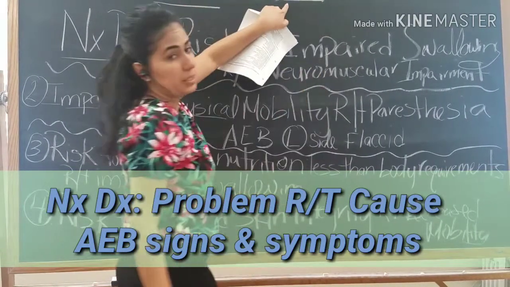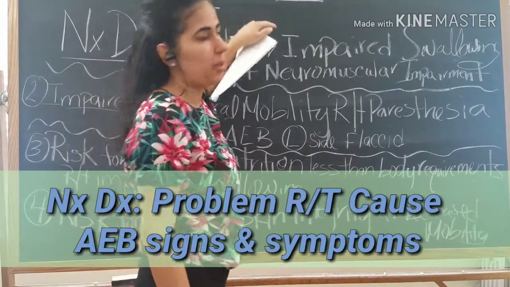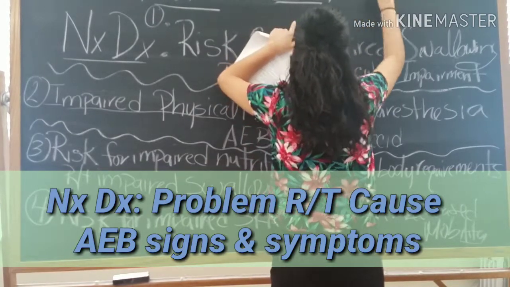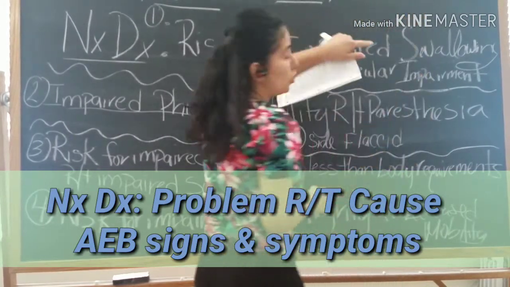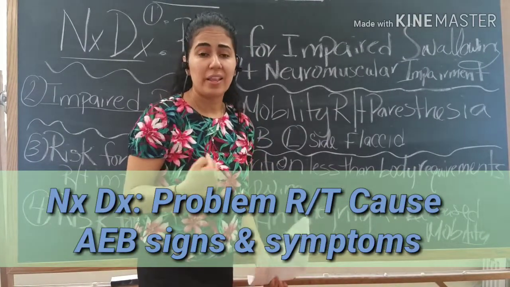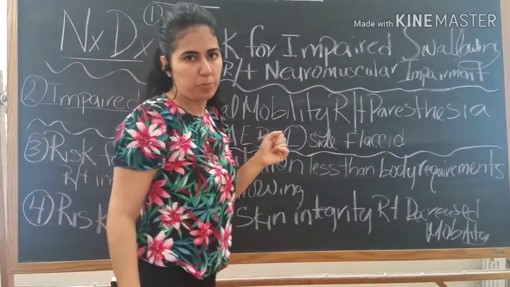So what was it that caused this problem or could cause the potential problem, as evidenced by your signs and symptoms. So what were the signs and symptoms that you saw? What was the objective data that you obtained that led you to believe that this was a problem in the first place? So what we're going to do is start to make a plan and start to perform interventions.